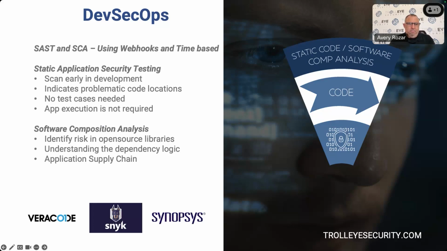Software composition analysis is very important when it comes to finding open source third-party libraries. This way you find out what's in the code, how it can be exploited, and we do a lot of these with webhooks and time-based scans.